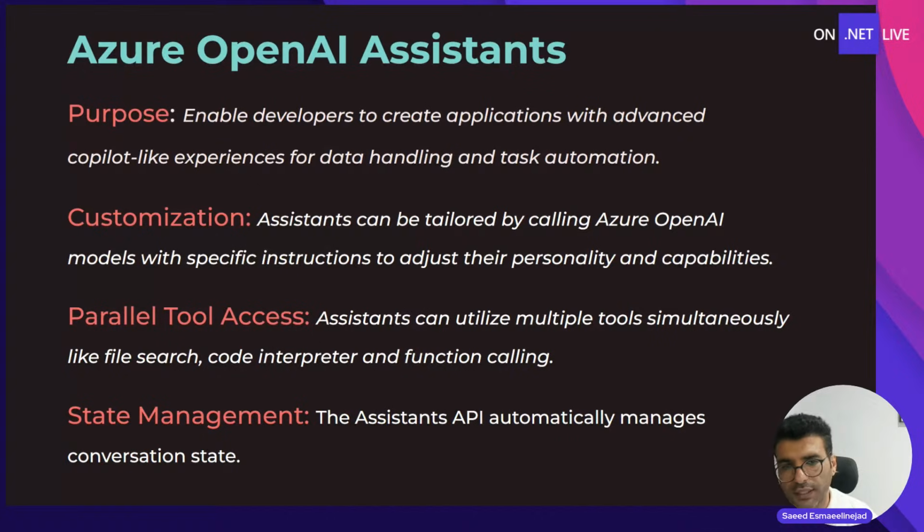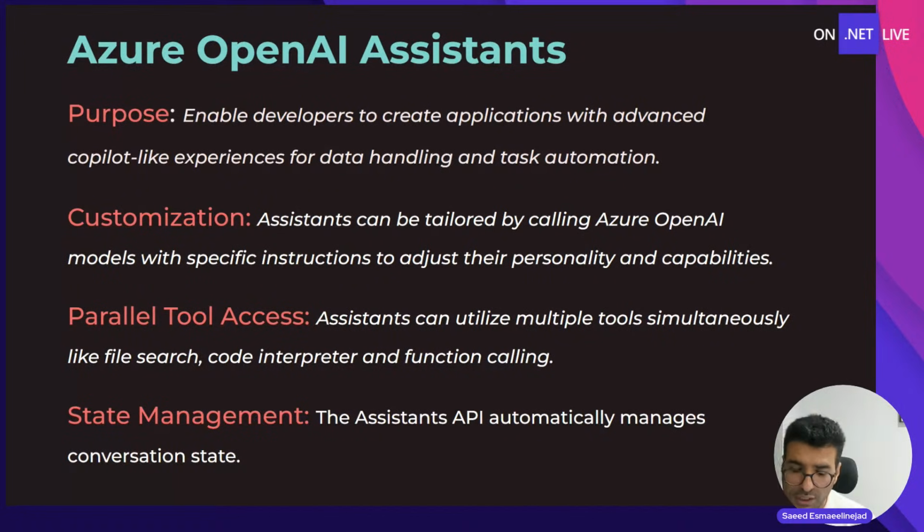If you have, let's say, online shopping, what if you want to have an assistant for suggesting new stuff to the user? Or what if you have a different assistant for customer service? They are highly customizable based on the instruction you provide for them, and that is the most important part for both Assistants and Responses that we will see in the demo.